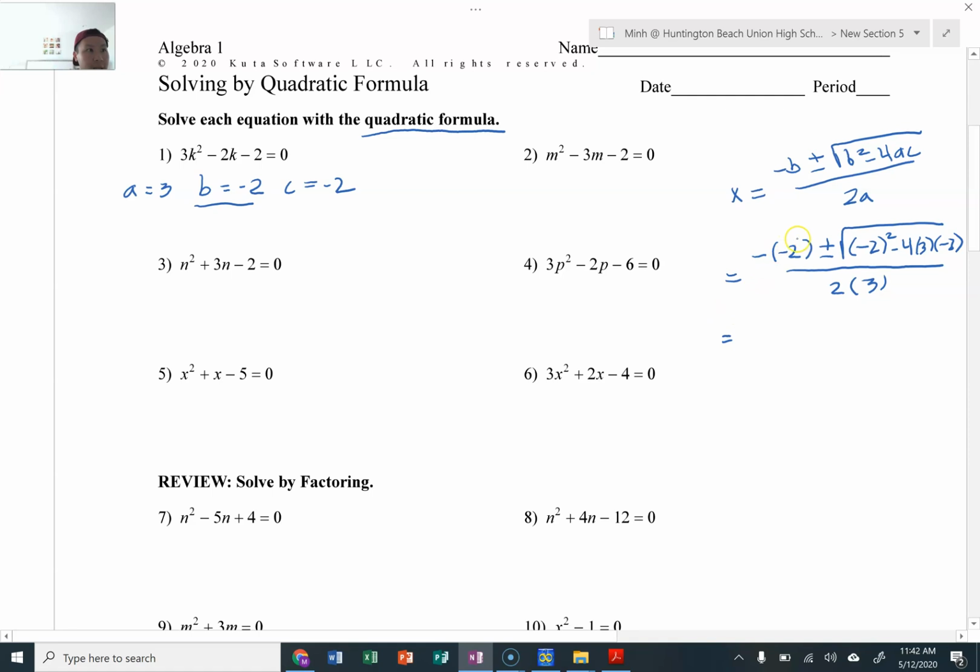So the very first part, this right over here, that's going to be a negative, that's going to be positive 2 plus minus radical, negative 2 squared, that's going to be positive 4. Now you can put this whole part into your calculator. So negative 4 times 3 is negative 12, and then negative 12 times negative 2, that's going to be positive 24.